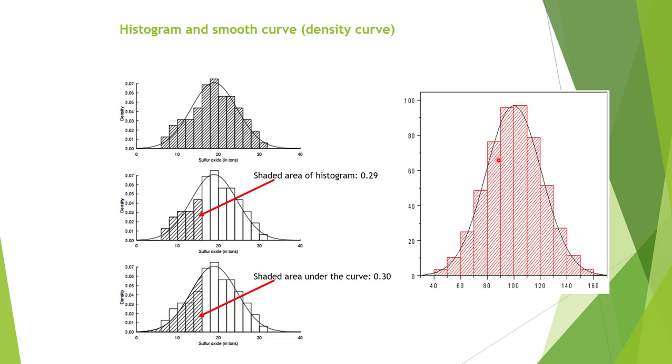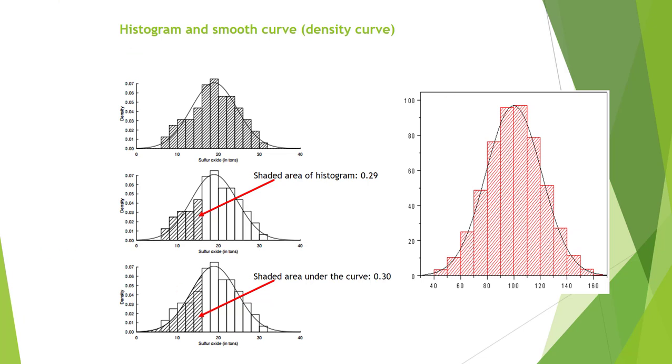It's the same thing on the left-hand side. As the value decreases towards the lower end, the area underneath the curve also decreases. That means on both sides, towards the ends, you have fewer data points. Okay? So you get an idea how we convert a normally distributed histogram into a normal curve.